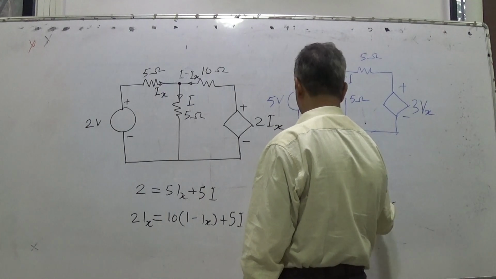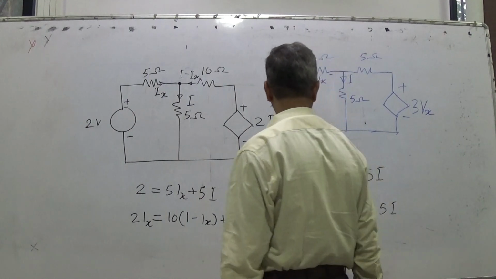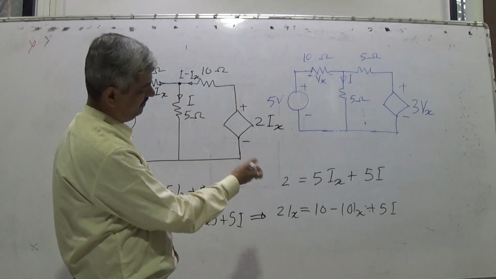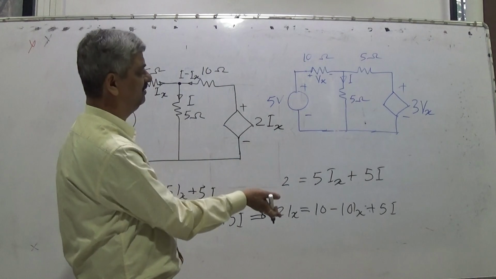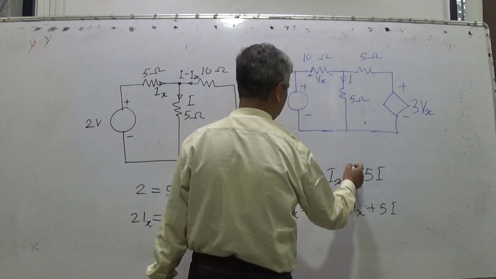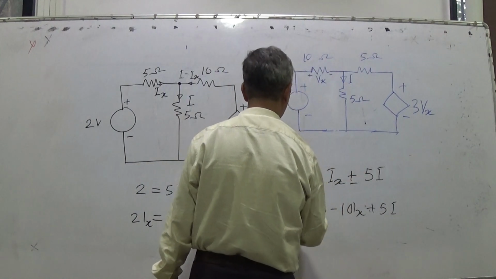The first equation was 2 is equal to 5Ix plus 5I. Now there are many ways in which you can solve these equations. Just multiply the first by minus 1.